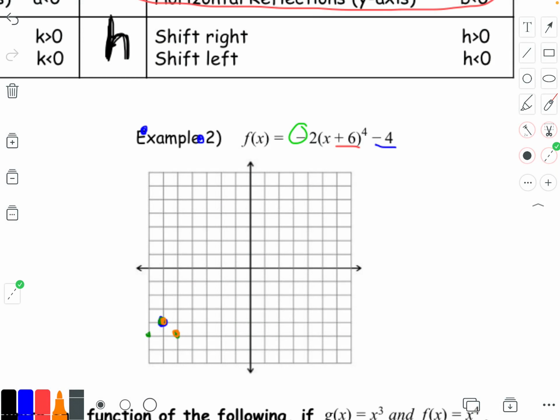So instead of this point here being 1, we're going to stretch it up to 2. So here are the ordered pairs that I'm dealing with. I've got -6, -4, and then we have -7, -6, and then -5, -6.